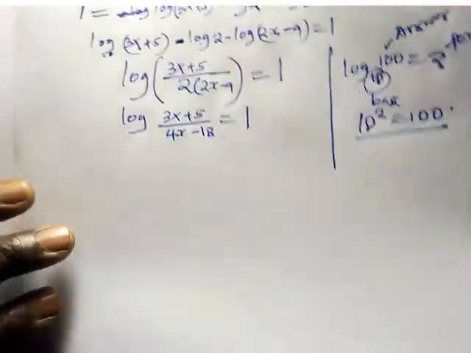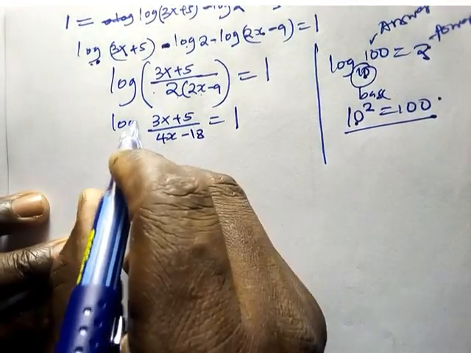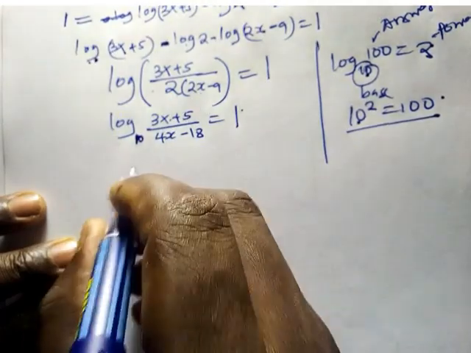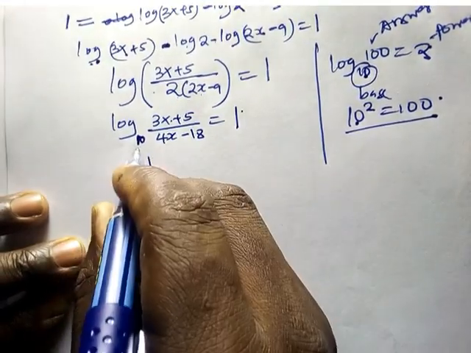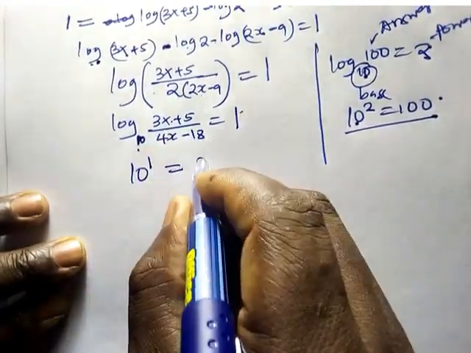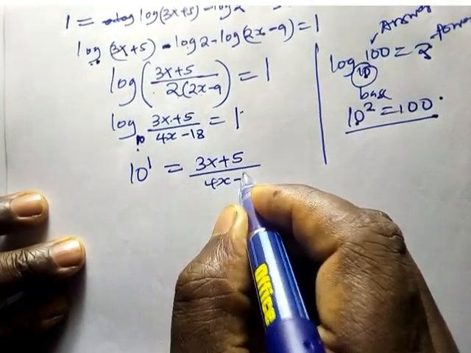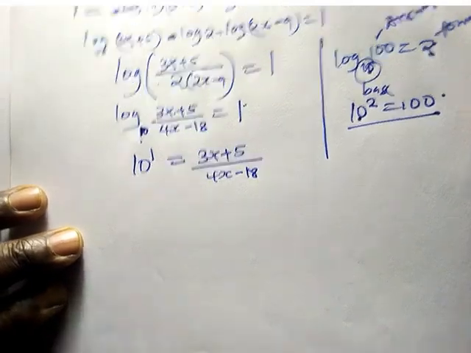So here there is a base 10, this is the power and this is the answer. Therefore, we are going to have 10 raised to power 1 is equal to (3x plus 5) divided by (4x minus 18).